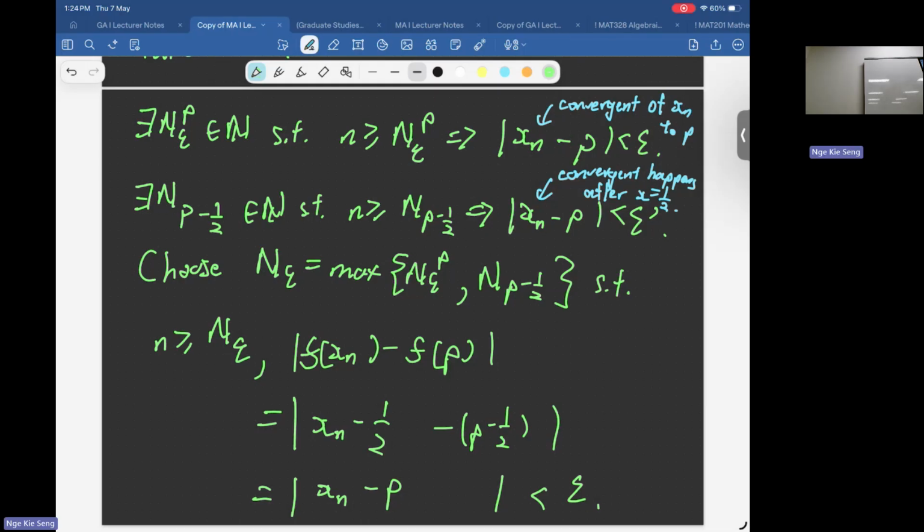Okay, so case 2 is similar. Case 2 here becomes p instead of p minus half. Then you need to do something like this to make sure that your convergence happens before half instead of after. How to control?